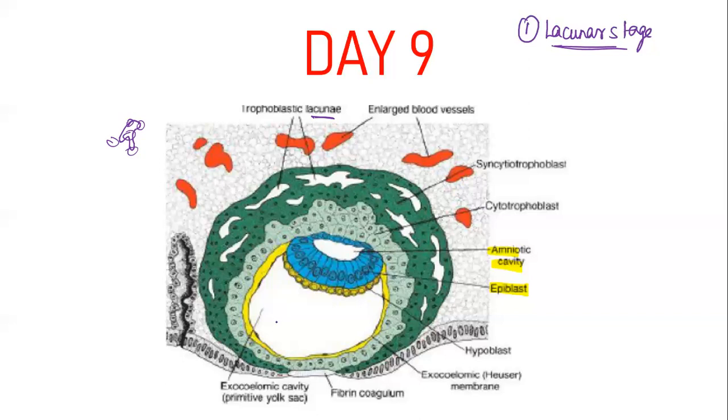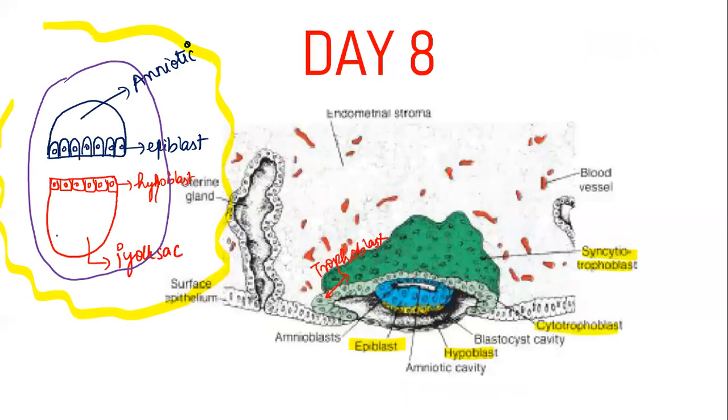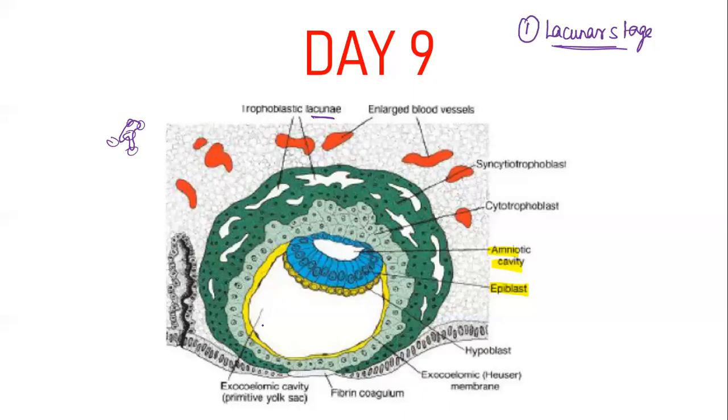Similarly, as I told you in the last slide, the hypoblastic layer will start giving rise to the primitive yolk sac, which is very visible on the 9th day. The hypoblastic layer is going to give rise to certain flattened epithelial cells. Can you make out these small cells here? It gives rise to a flattened epithelial cell layer, and it thus forms a cavity, and that cavity is called the primitive yolk sac.